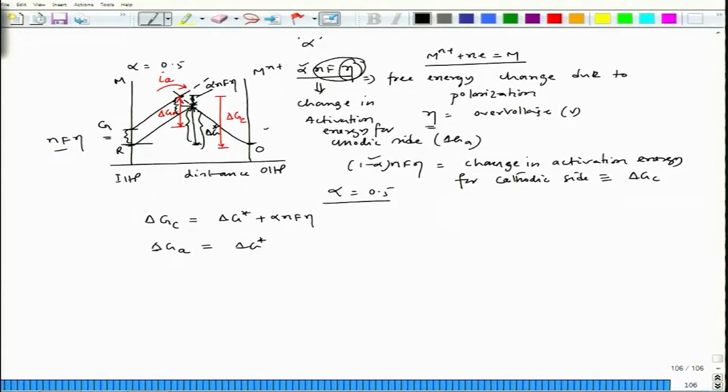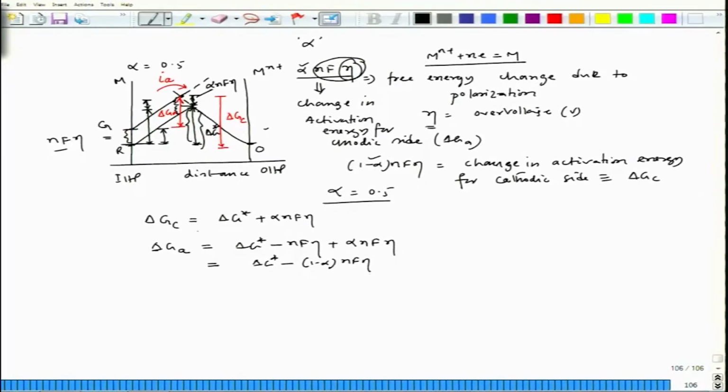So, this amount plus this amount minus this amount. So, delta G star minus nFη plus alpha nFη. So, then it becomes delta G star minus 1 minus alpha nFη.